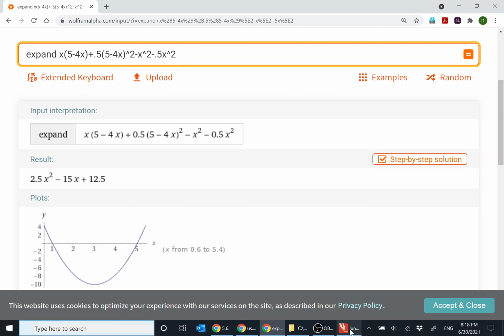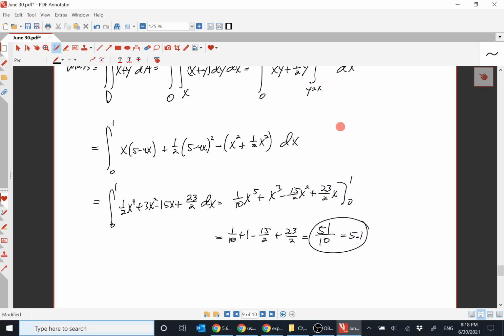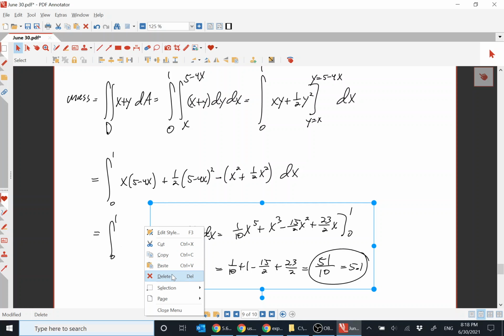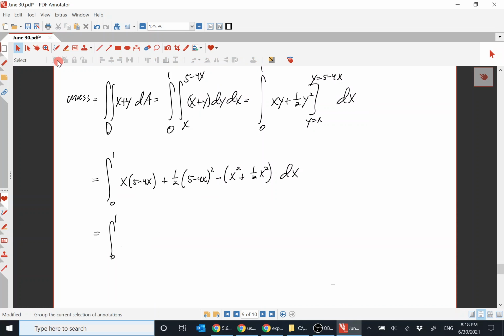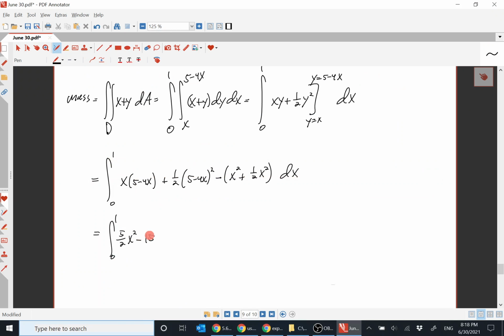Okay, should be a little better now. So 5/2 x squared minus 15x plus 23 over 5 dx.